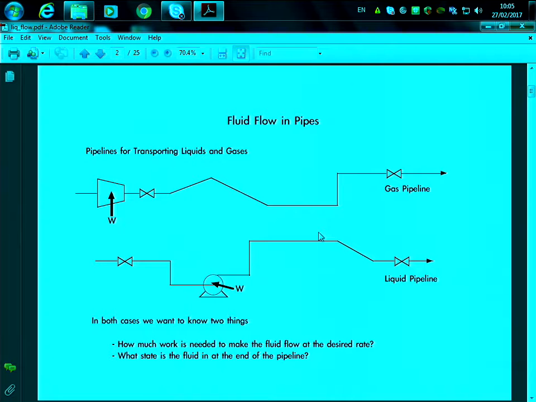And another thing is what state the fluid is in at the end of the pipeline. Okay, so determine what the pressure of the fluid is, what will be the conditions of the fluid going out of that.